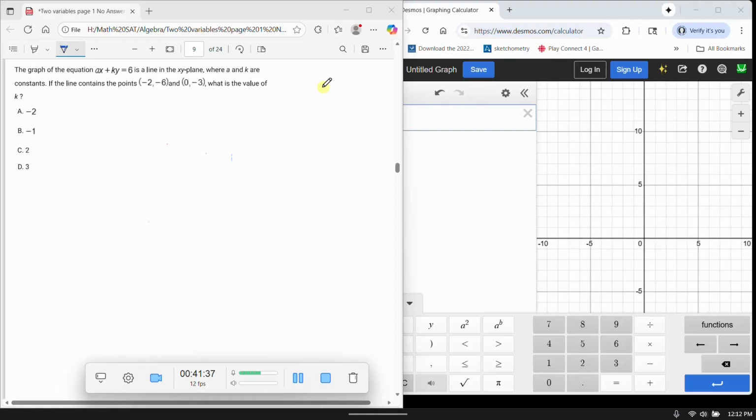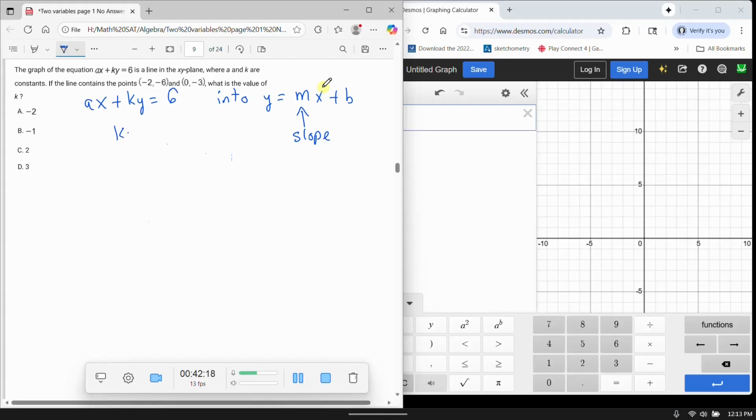So now we want to turn the equation ax plus ky equal to 6 into y equal mx plus b. So don't forget m is the slope. So I'm going to minus ax on both sides, and I'm also rearranging my equation so I can keep my ax in front of the 6.